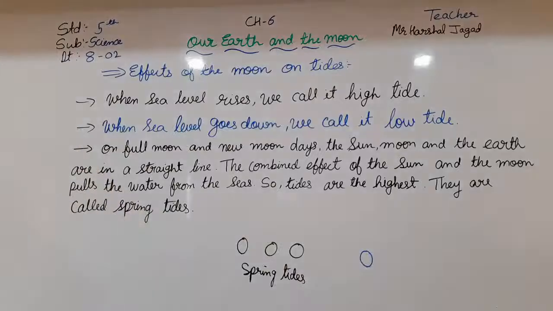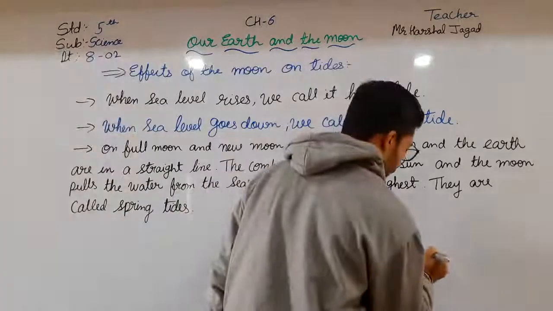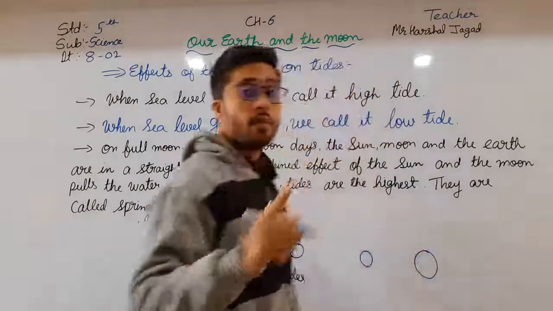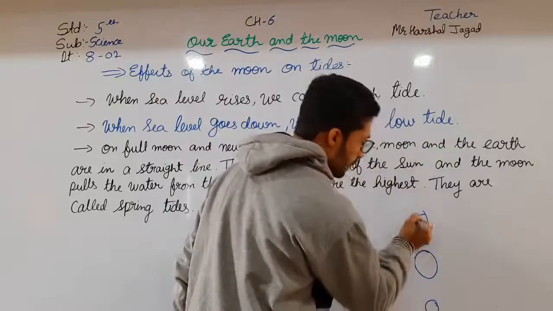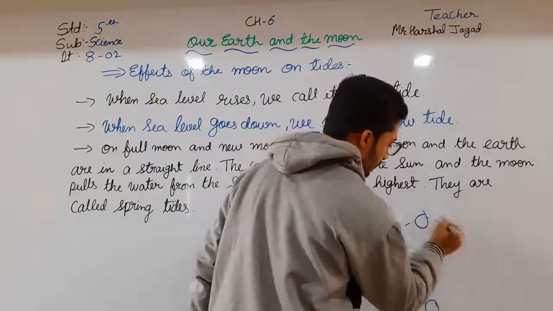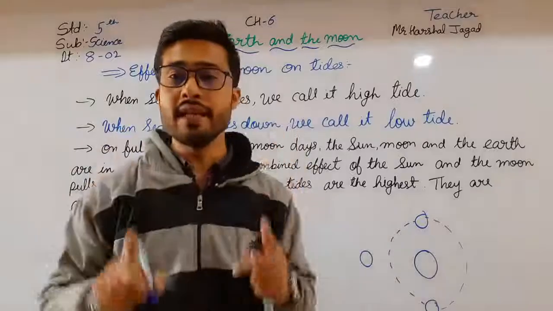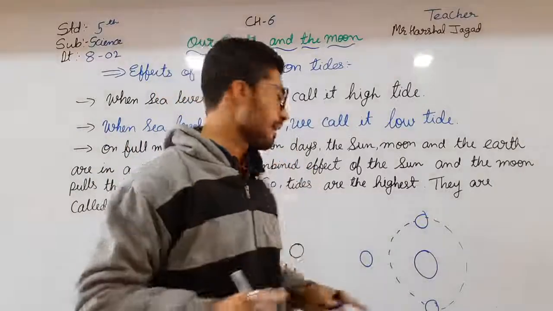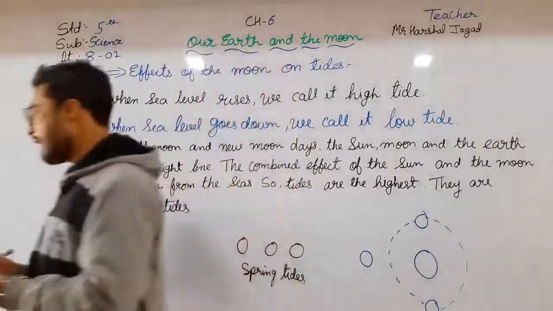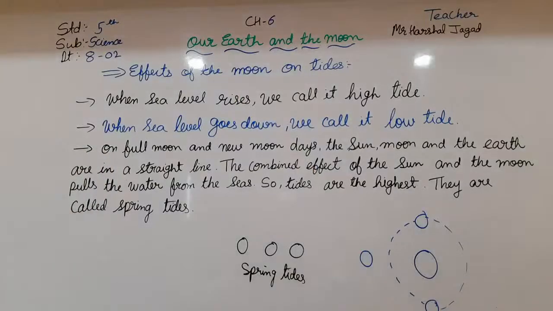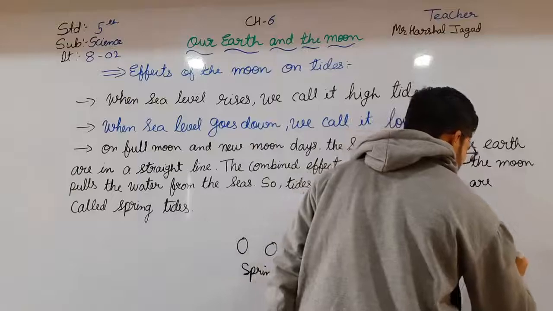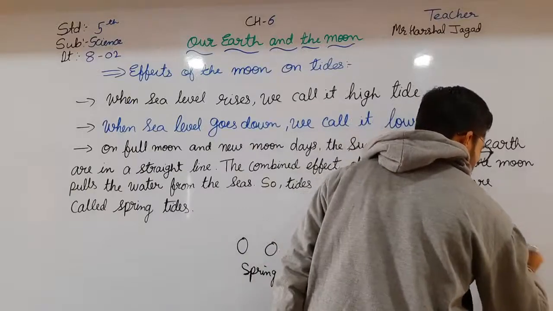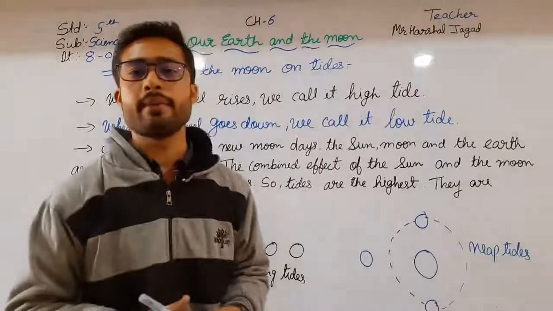You can see here is the sun and the earth is over here, and when the moon is at this position and at this position, then there is a minimum tide, and that tide is known as neap tides.